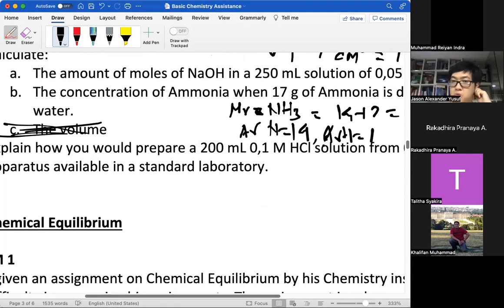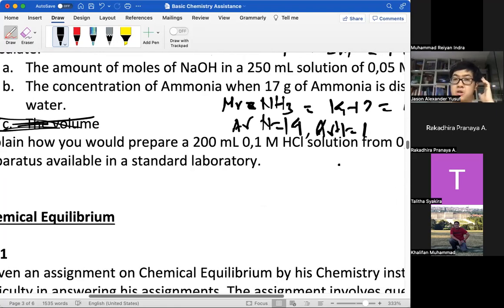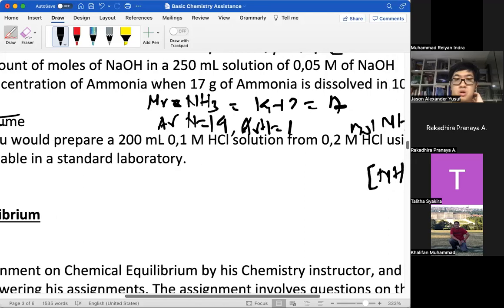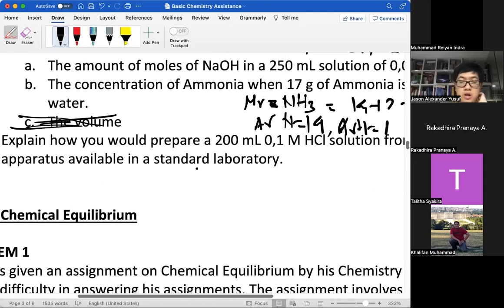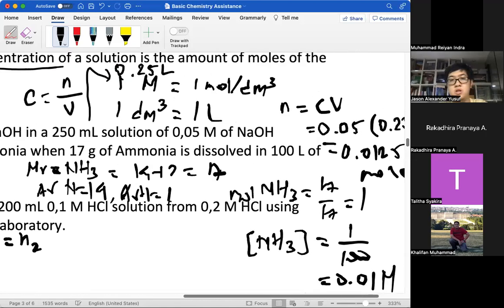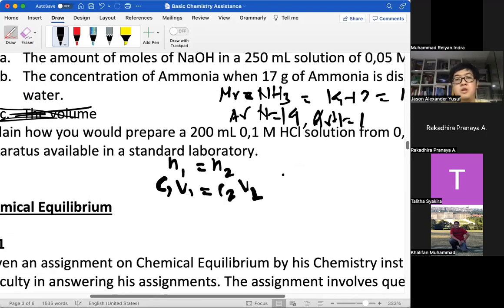So when we add water, the amount of moles of HCl will remain constant. So that means n1 will be equivalent to n2, and we know the formula of n, which is C times V. And so this will be C1V1 equals C2V2.